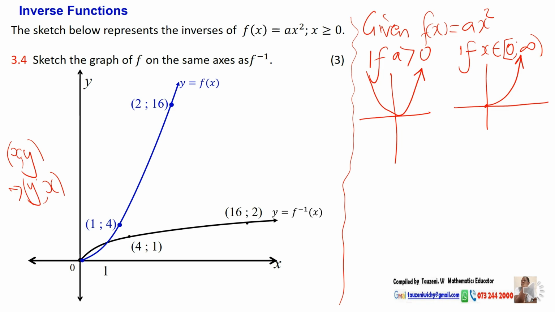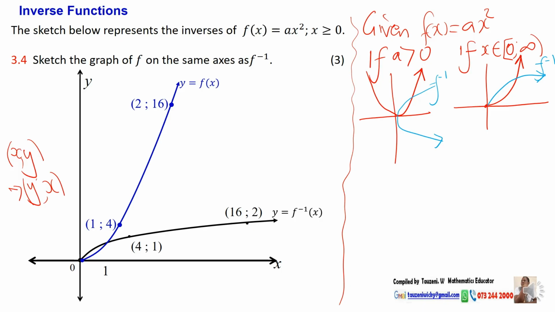Now, if I want to construct the inverse, if the graph is going to the positive side, the inverse will also go to the positive side. That's what we have said. Now, if you look at my second diagram where the domain is restricted, I've just drawn half of my parabola. The inverse will also be only half of it. This is the inverse. So I must start in such a way that I've got clarity on what is going on here.